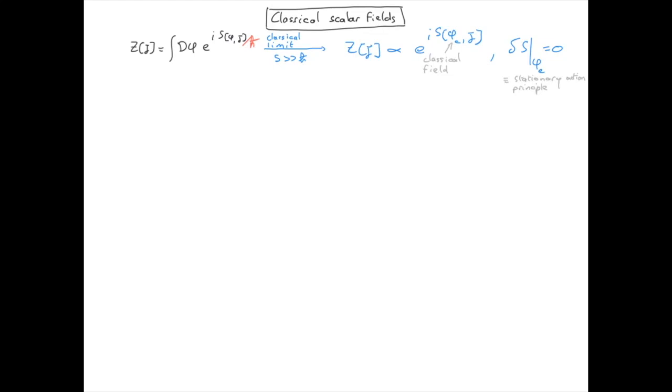The action is a spacetime integral of the Lagrangian plus a source term. The differentiation acts on the field and also on the covariant derivative of the field. We will accept that the differentiation of the derivative is the same thing as taking the derivative of delta phi.